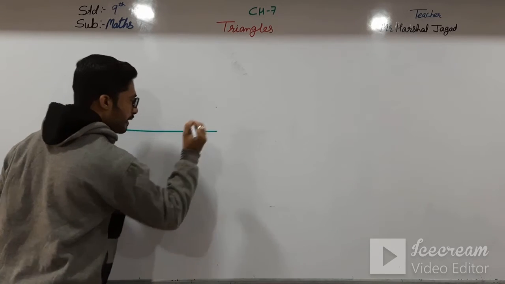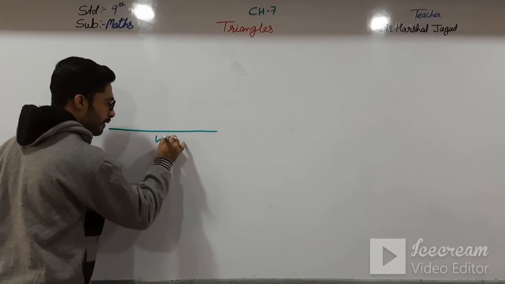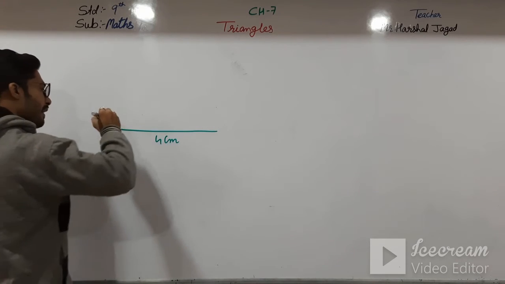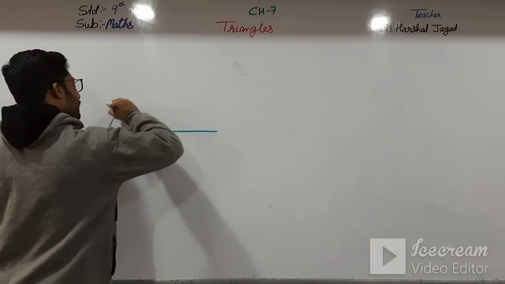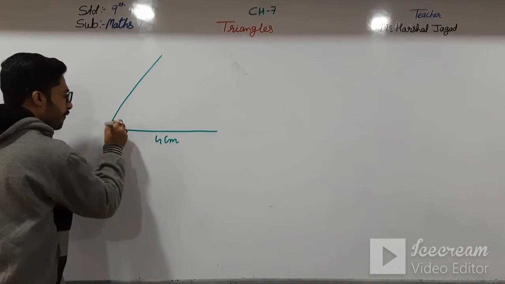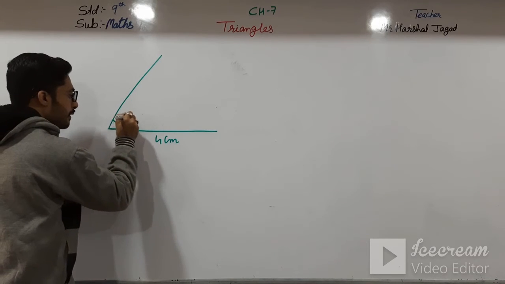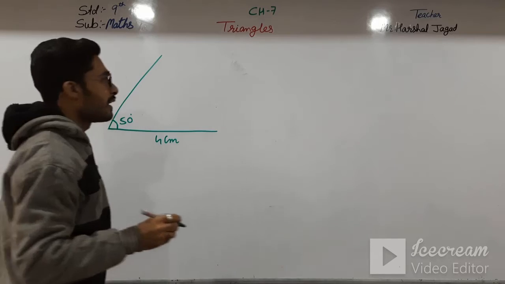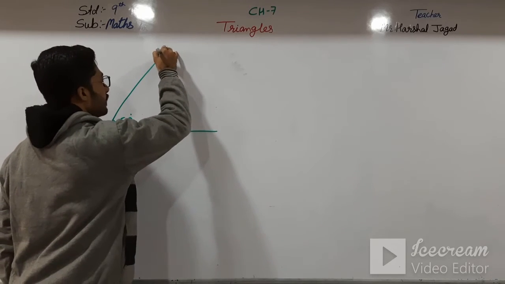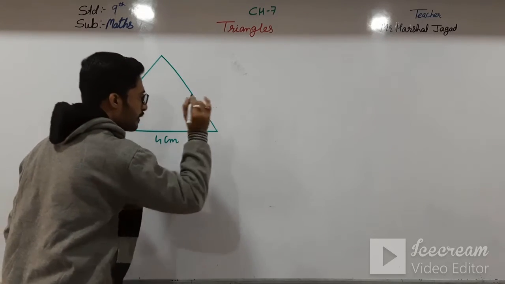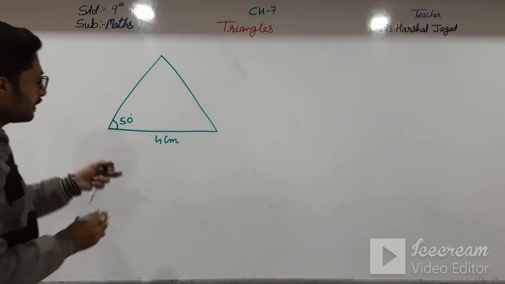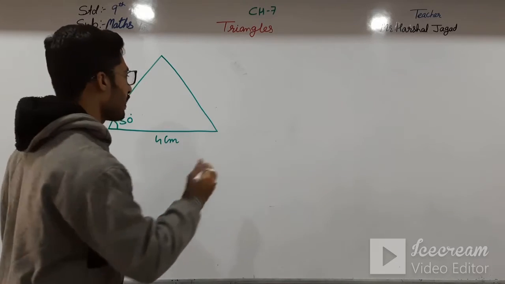If I say that this is 4 centimeter, and here is the 50 degree, and if I connect this, then these are the triangles, and I draw another triangle the same way.